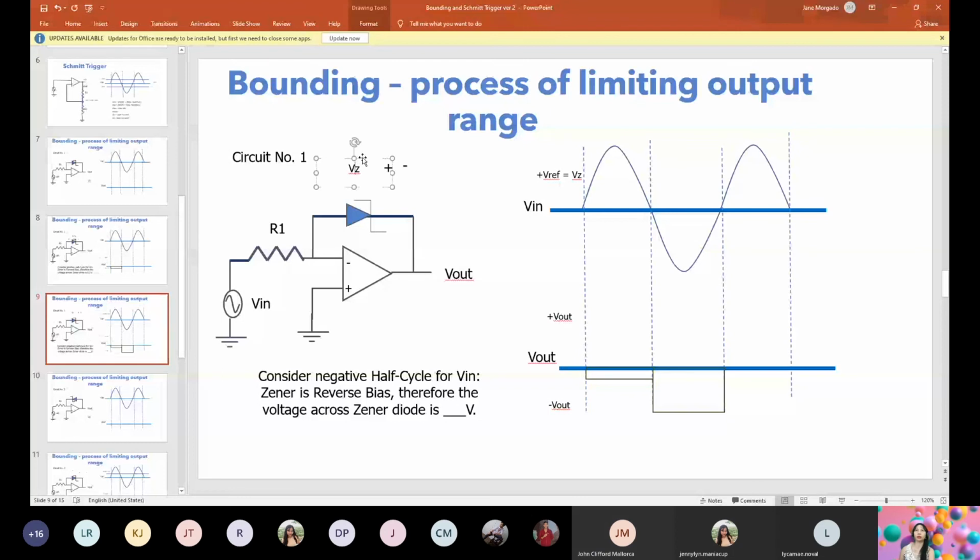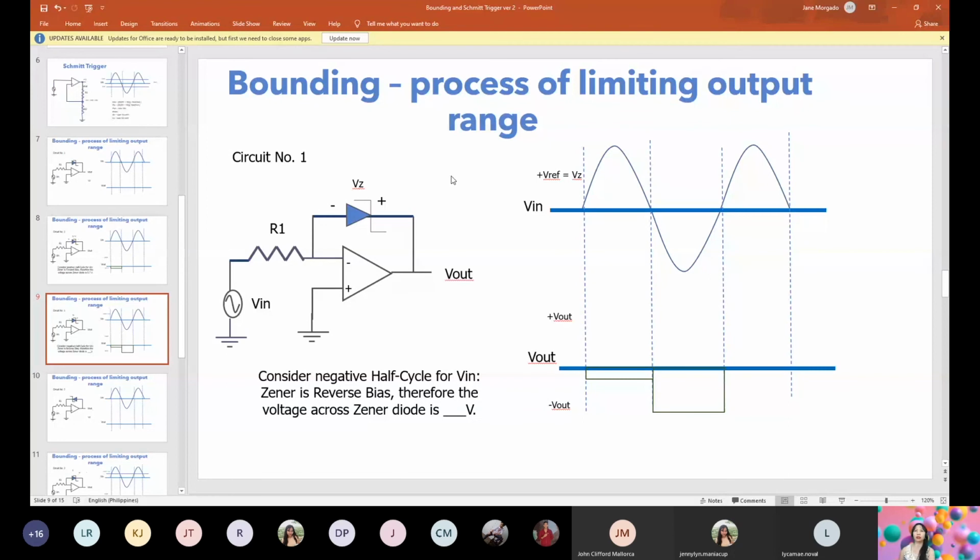And what about the polarity? Where is the positive and where is the negative? If the zener is in reverse bias, the positive is the cathode. So the cathode becomes positive and the anode becomes negative.